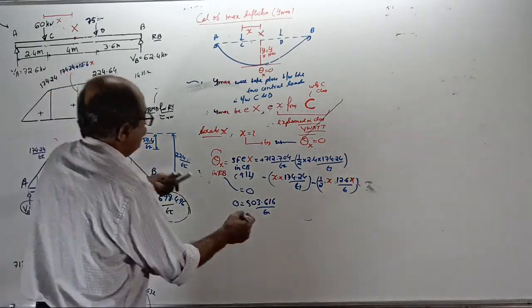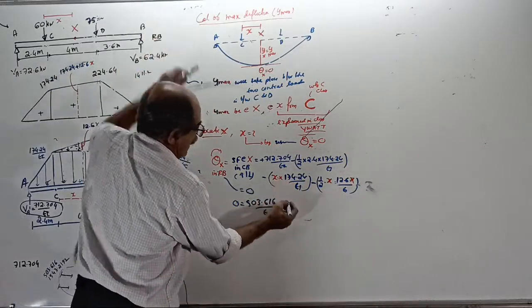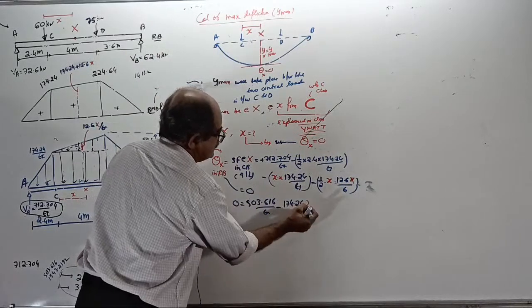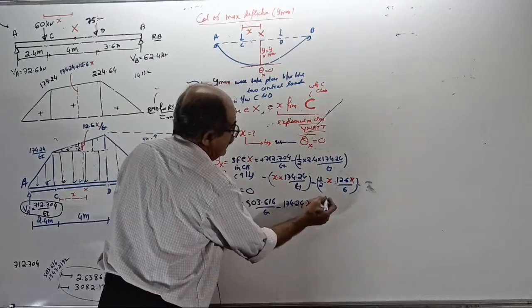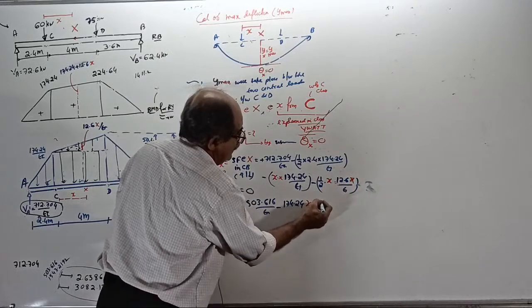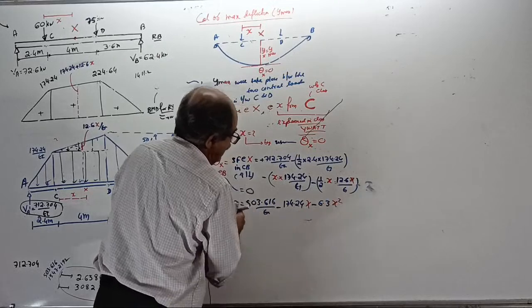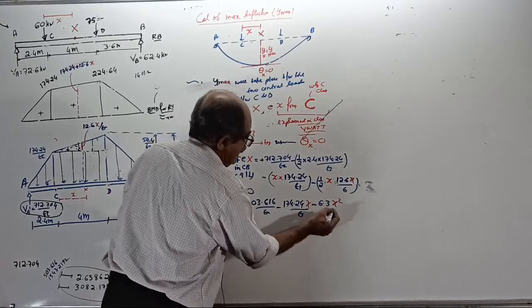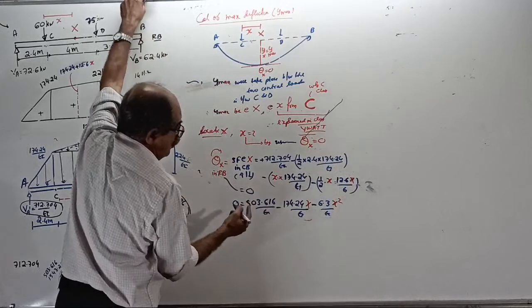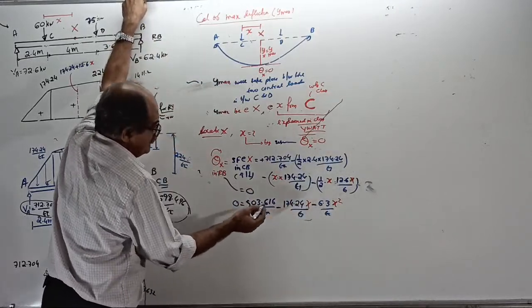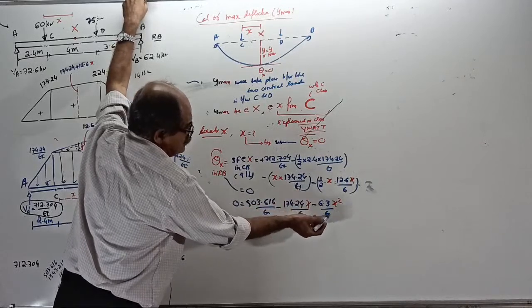Then minus 174.24 times x minus 12.6 by 2, which is 6.3 x square, by EI equal to 0. Now 6.3 x square, EI cancels.